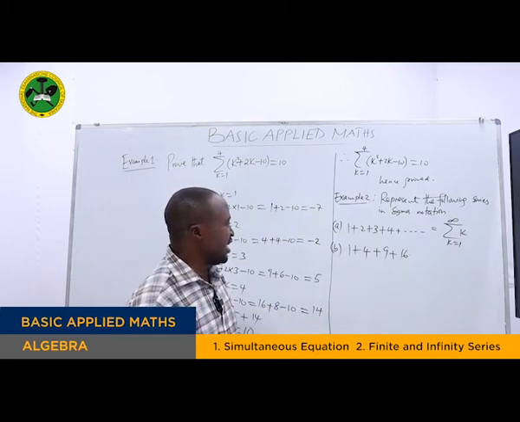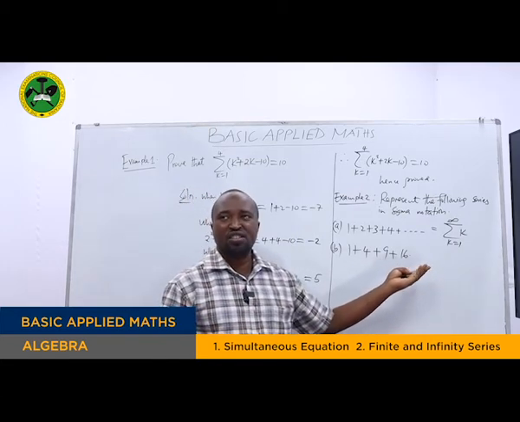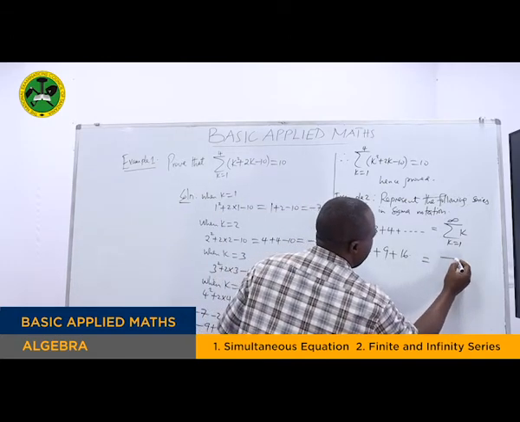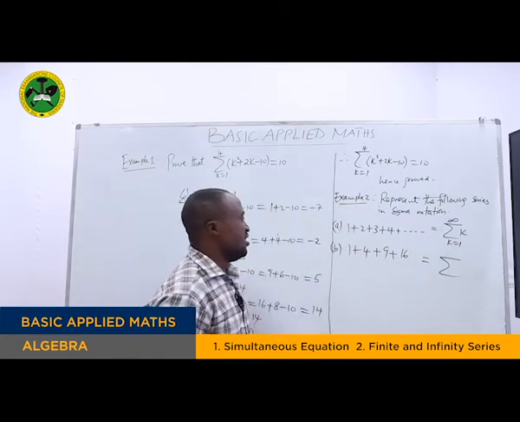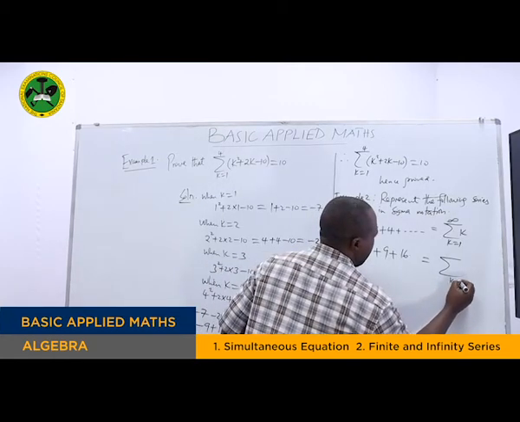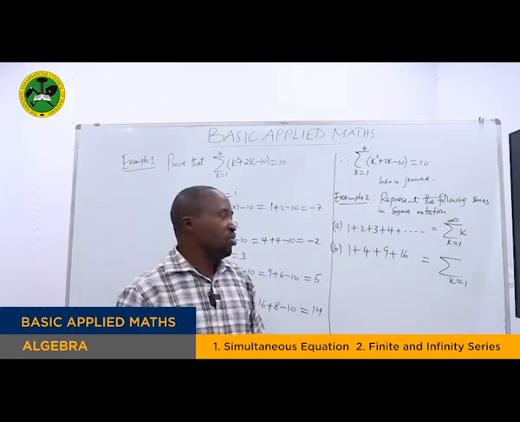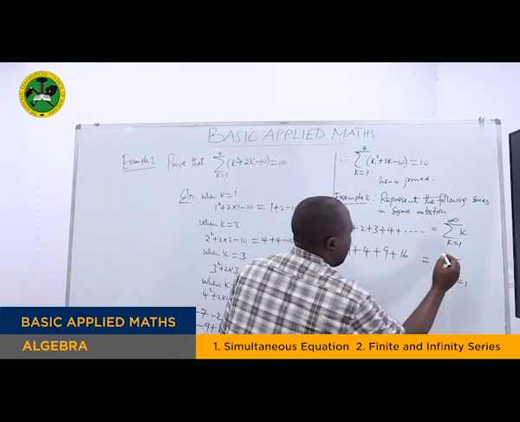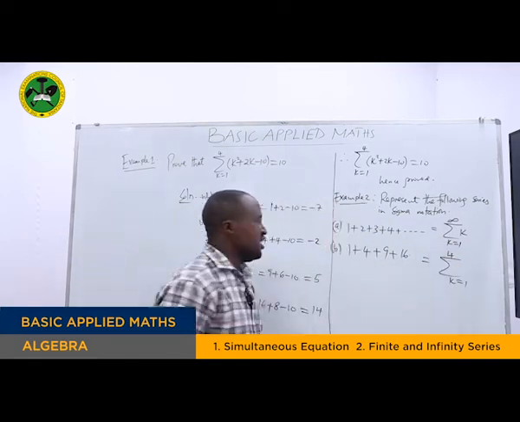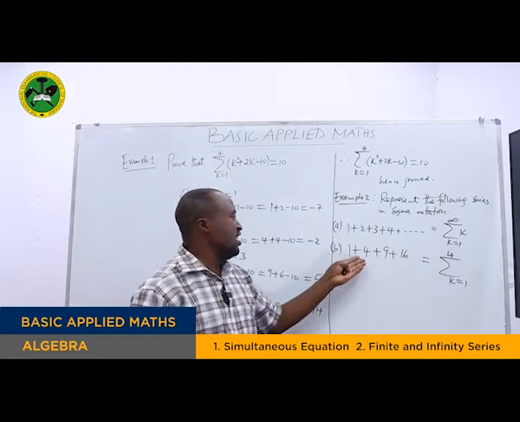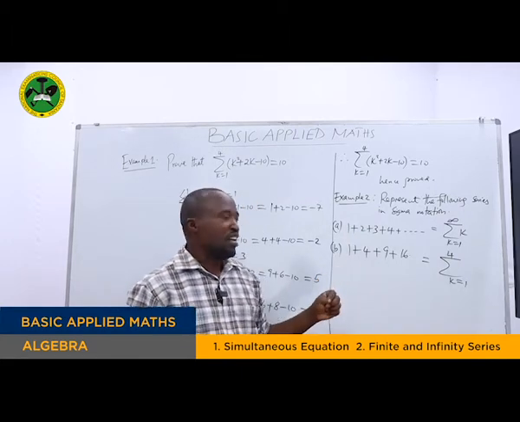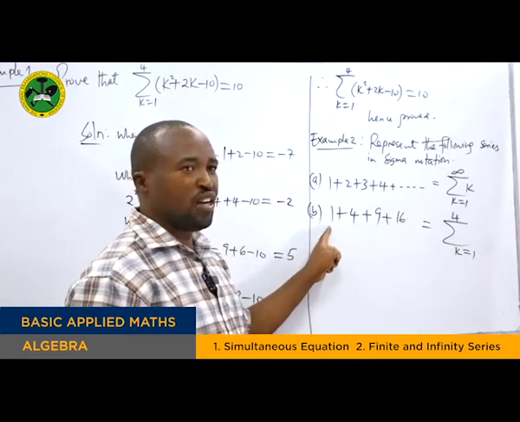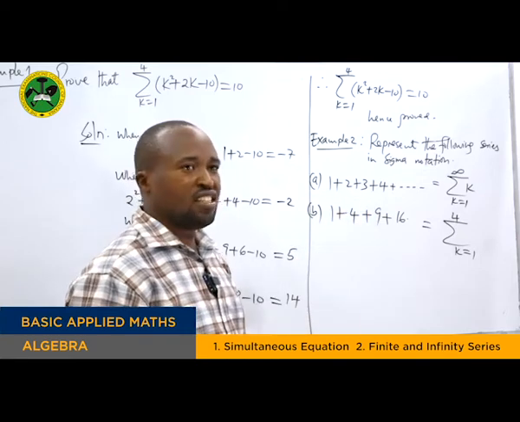But for the second case, this has an end point. So it is a finite series. So in sigma notation, it can be written as starting with k is equal to 1 to, we can count these terms. We have 1, 2, 3, 4. So proceed up to 4 when k is equal to 4. But these given numbers are the squares of some numbers. For example, 1 squared is equal to 1. 2 squared is equal to 4.